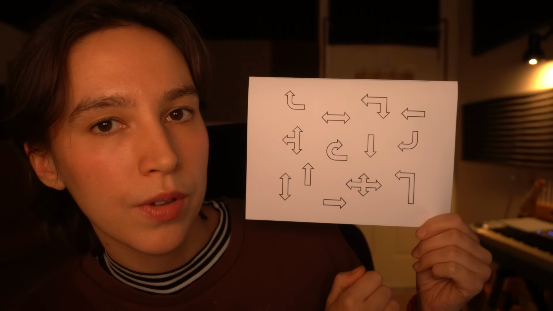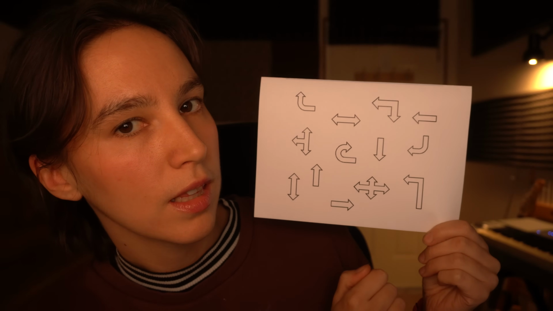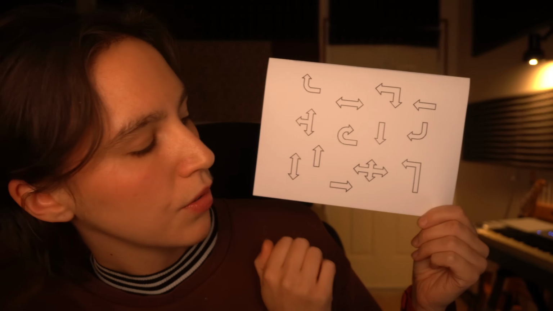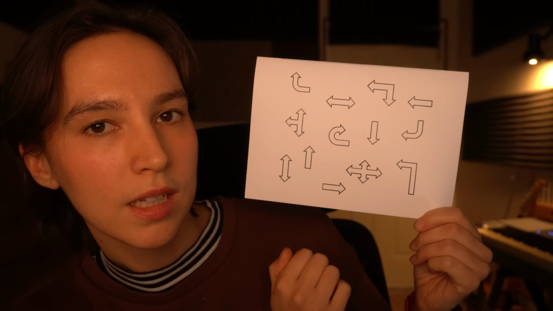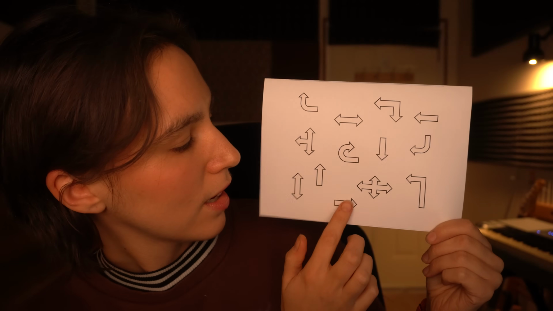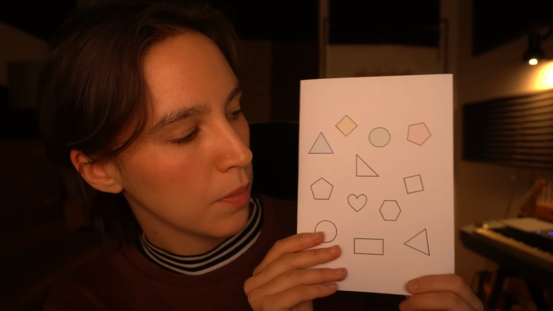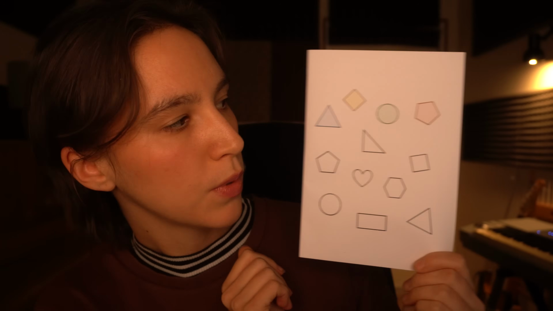Where's the arrow facing to the left? The left. Good, it's over here. And the arrow facing to the right? To the right. Good. It's facing here. Very well done.